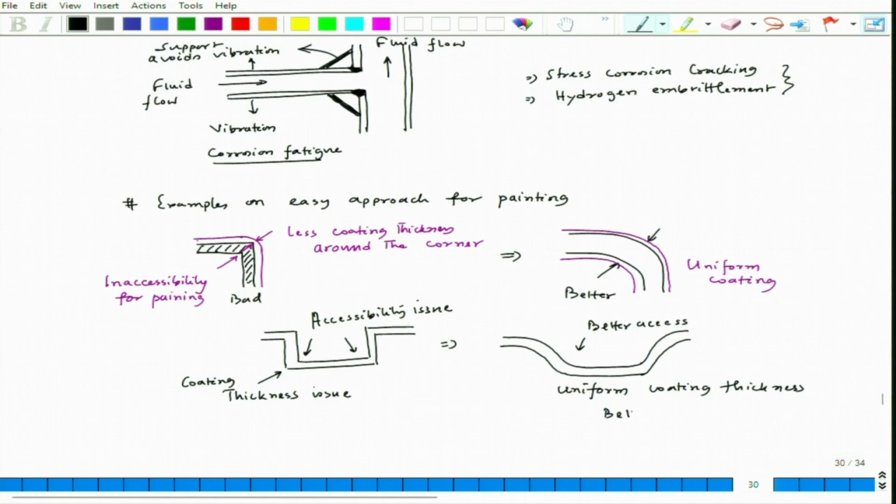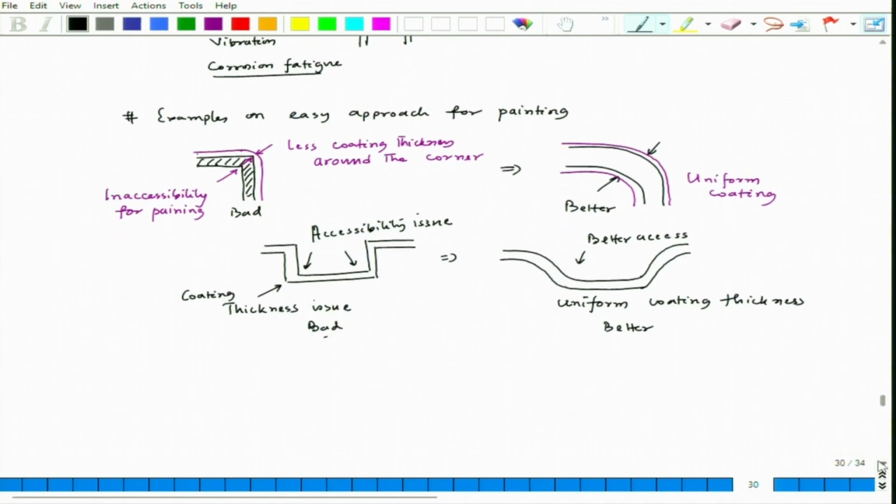This is better, this is bad. So, this is another design aspect which considers the ease of painting or ease of coating, and also it ensures uniform coating thickness.